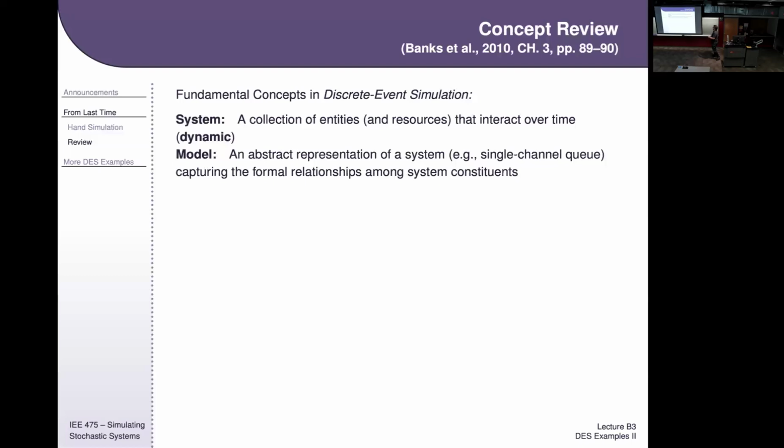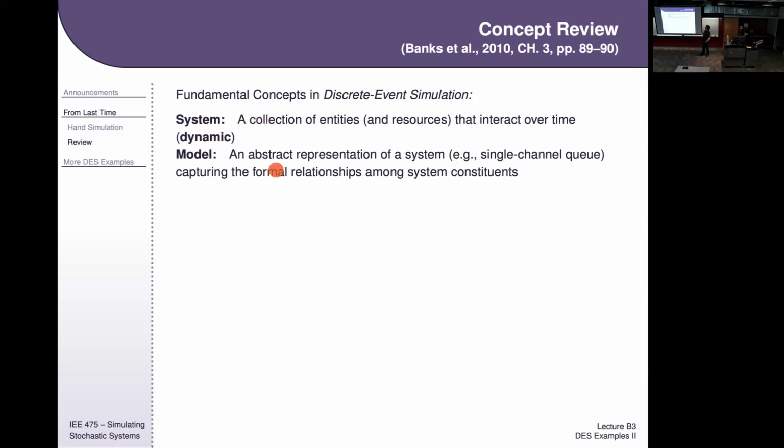Okay. All right, so the review so far is that these are the terms that I want you to make sure that you know by now, or have a general idea of, that you could give a rough idea of a definition of. So a system, or a dynamic system, is a collection of entities and resources that interact over time.